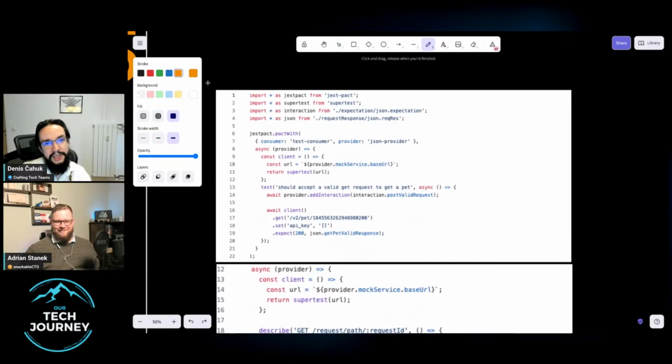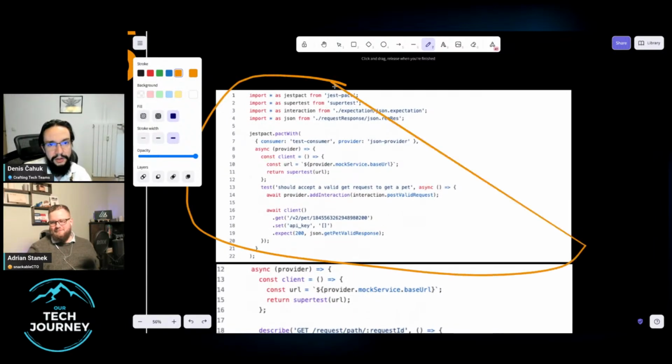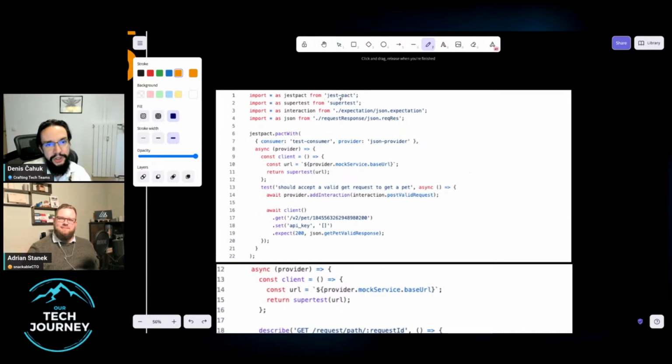Right, so this is an example of a contract test using Pact, specifically Pact on TypeScript using Jest. Pact is a contract testing framework. I think it's Pact.io, yeah. It's a contract testing company that specializes in microservice technologies.